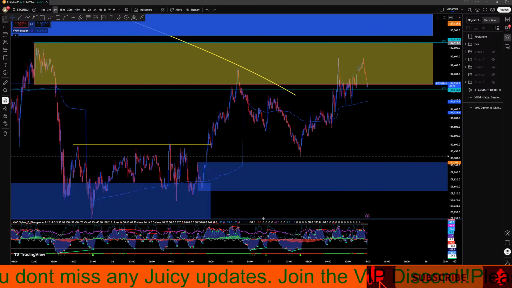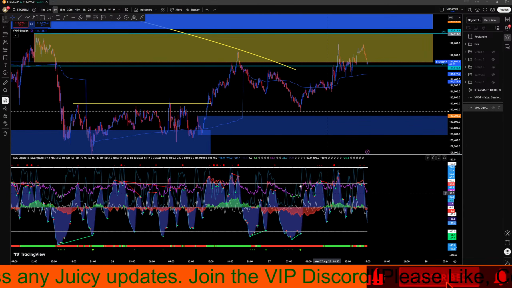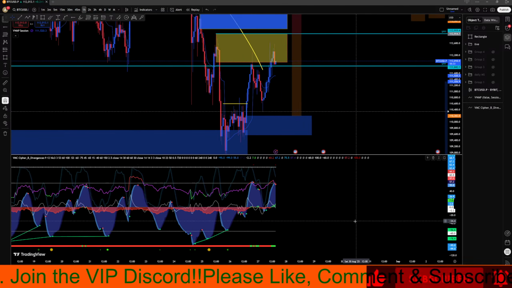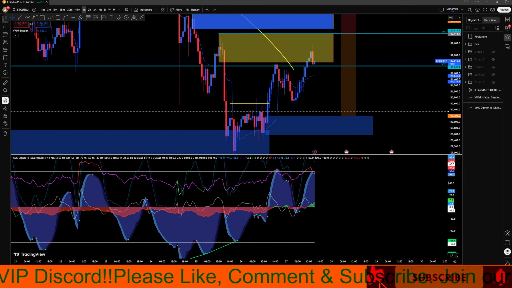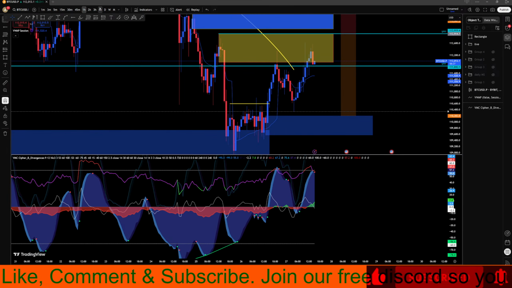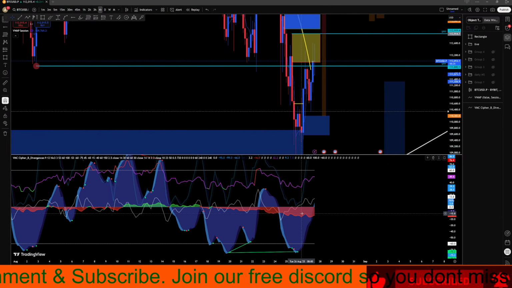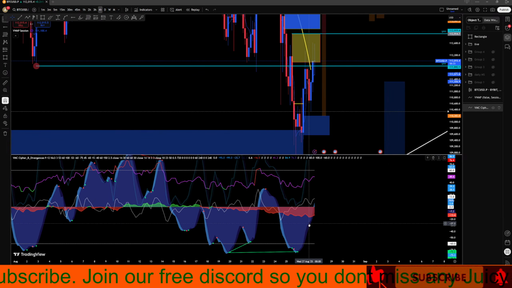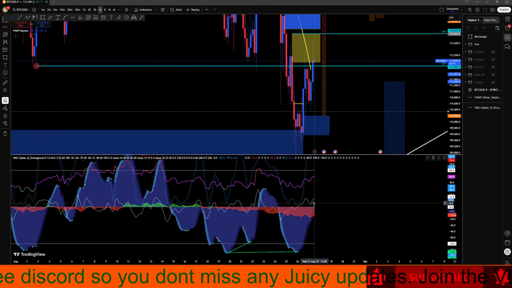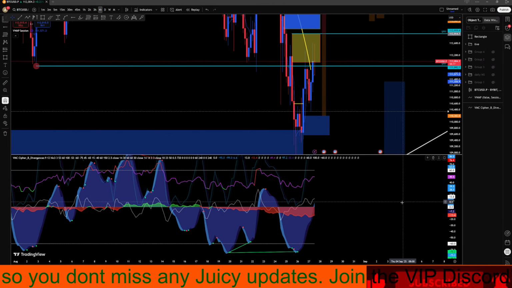How is the indicator looking at these levels? Let's have a look at the 1 hour. So we have some money flow coming in on the 1 hour. 4 hour is curling up, but also the momentum wave is already above the 0 line.